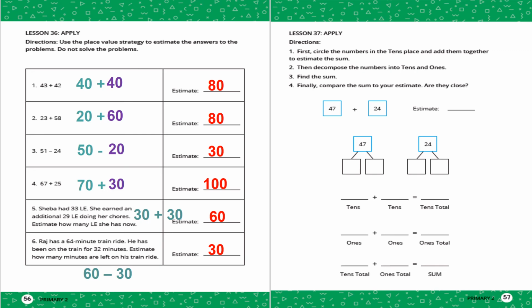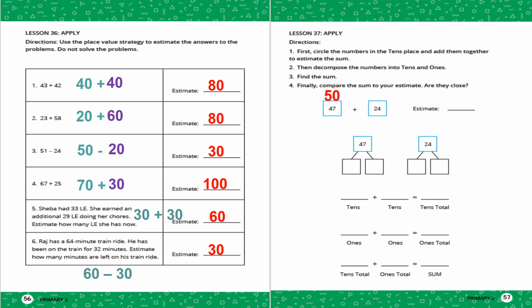47 plus 24. First, let's estimate 47. 47 between what and what? Between 40 and 50. Look at ones. Ones is 7. 7 more than 5. So we will go to next door. So 47, it will be 50.